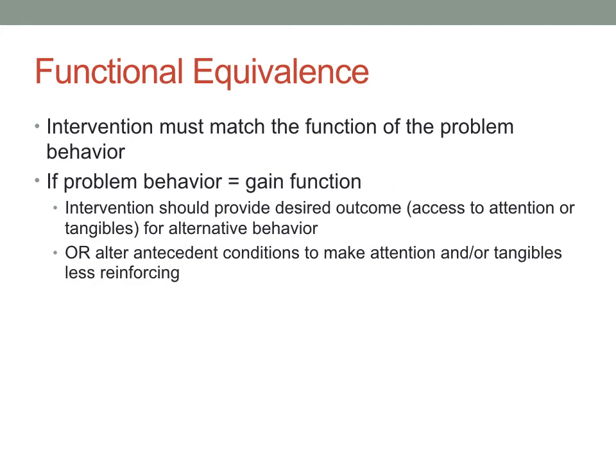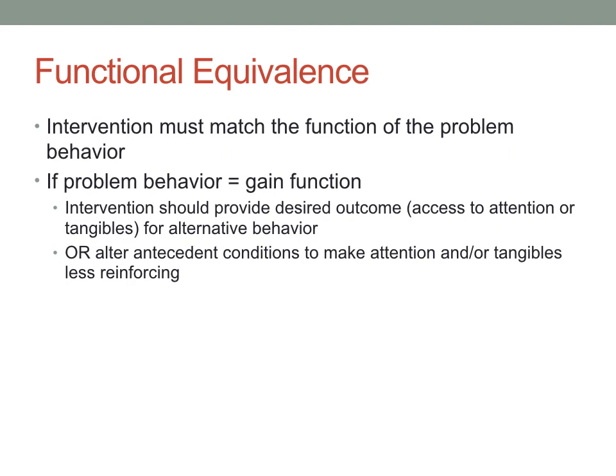Another example is if the function of the problem behavior is to gain something, then the intervention you choose should provide the desired outcome. So by doing the alternate behavior, the student should be able to gain the thing he wants.